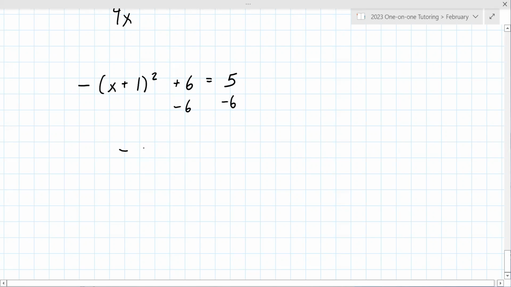So we got negative parentheses x plus 1 squared equals -1. What is really out in front here? A 1. Yeah, it's really -1. So I undo it by dividing by -1. So that becomes x plus 1 squared equals 1. Will you solve the problem from here for us, please?